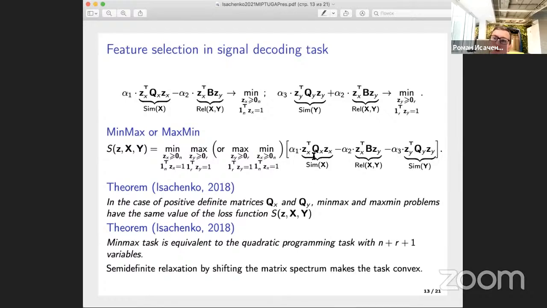It has been proved that in the case of positive definite matrices of pairwise similarities Qx and Qy, the min-max problem is equivalent to the quadratic programming problem, and min-max and max-min problems have the same value of the loss function. To obtain a convex problem, we could also use semi-definite relaxation as previously.